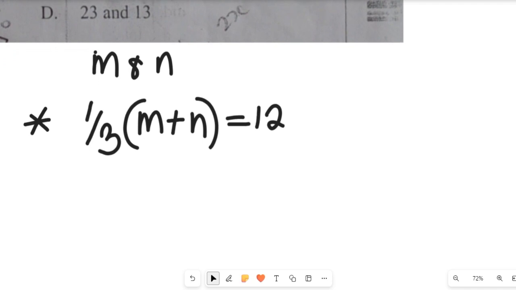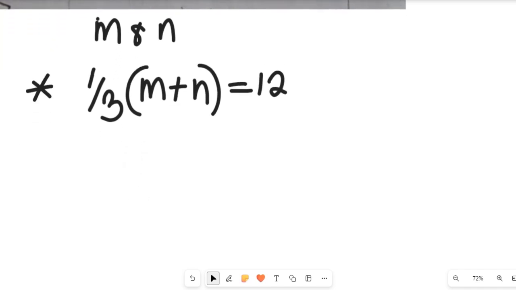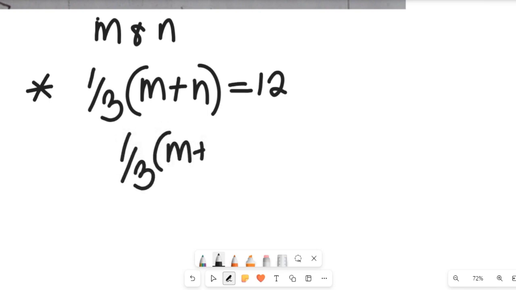Now let's expand that expression 1. We are going to multiply both sides by 3. 1 divided by 3 multiplied by m plus n, multiplied by 3, is equal to 12 multiplied by 3.